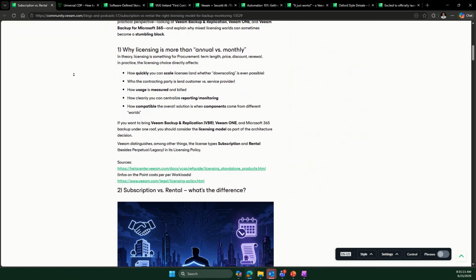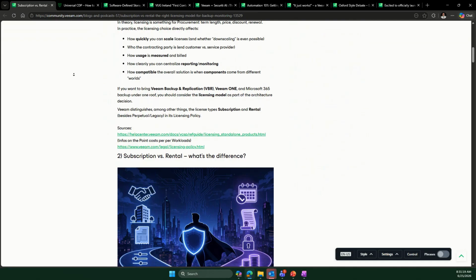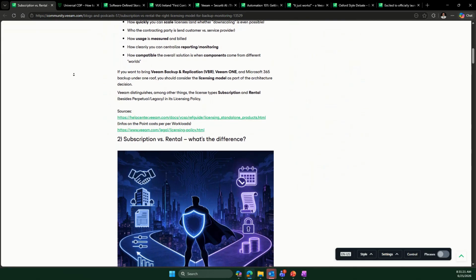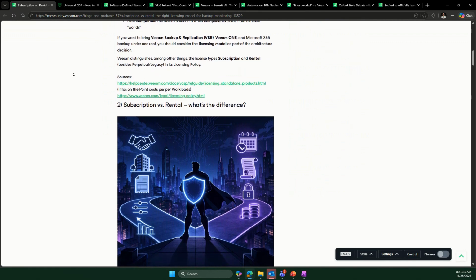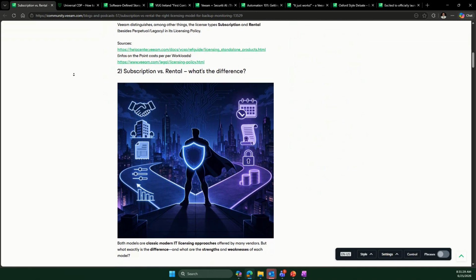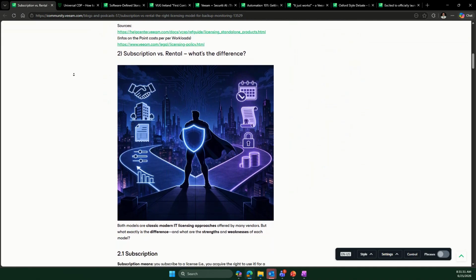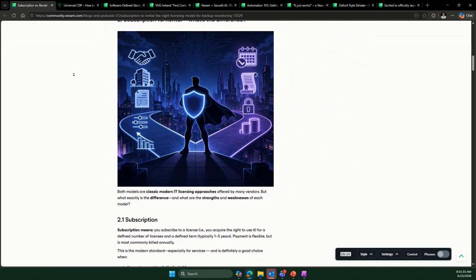So he goes over Veeam Backup and Replication, Veeam ONE, Veeam Backup for Microsoft 365. And he talks about how the choice actually affects things like scaling, billing, even how cleanly you can monitor everything together, if you choose subscription versus rental licensing.